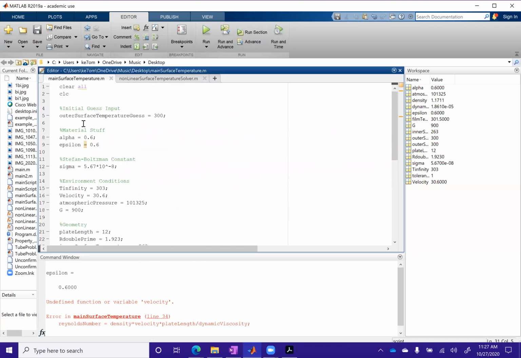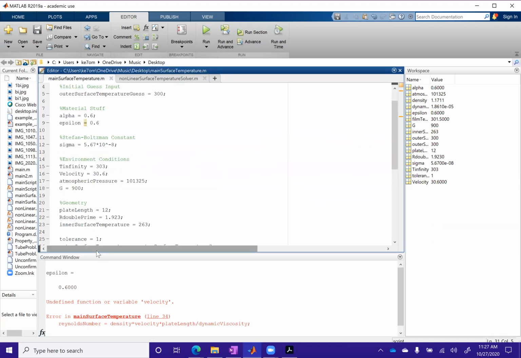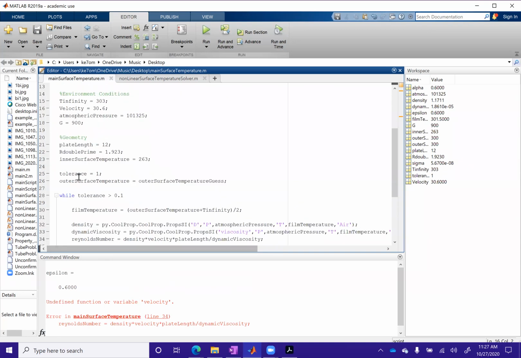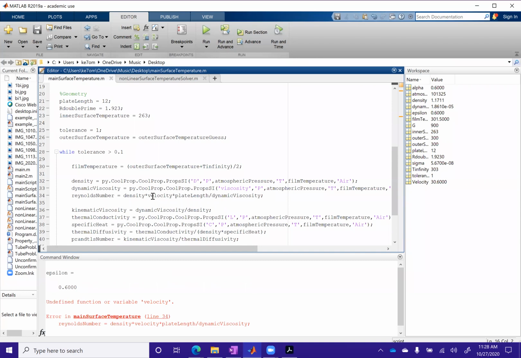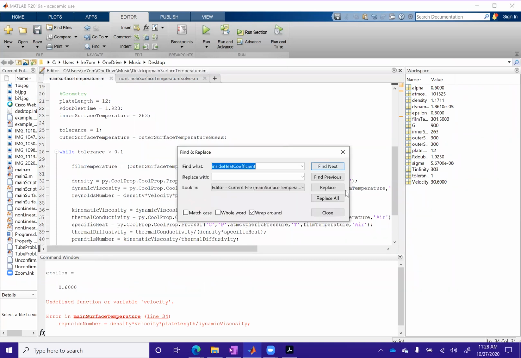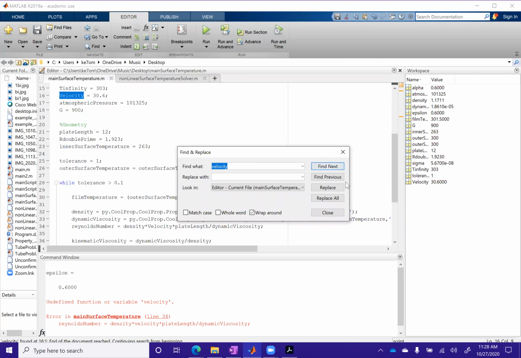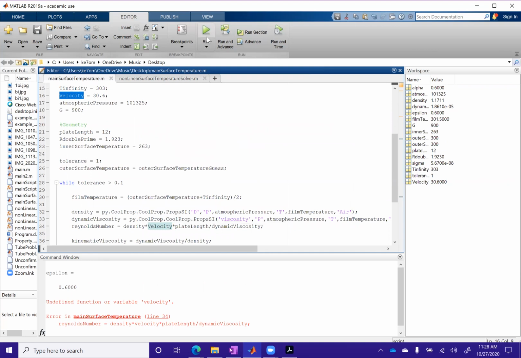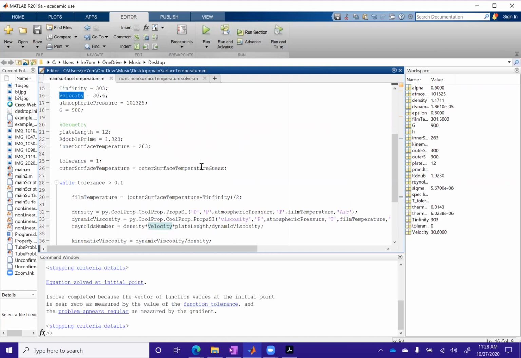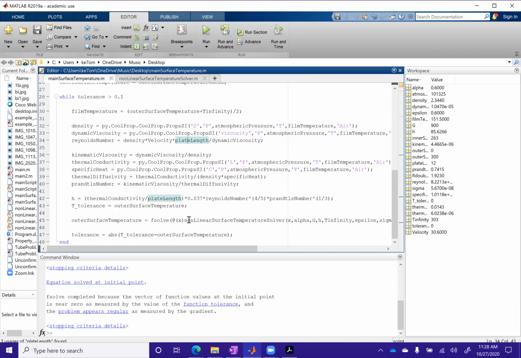Velocity. Did I not? Oh, it's because I did it with a capital here. So line 34. We'll just do that. Make sure there were no other instances of me using that. Yep, okay, perfect. Okay, yeah, so it ran.